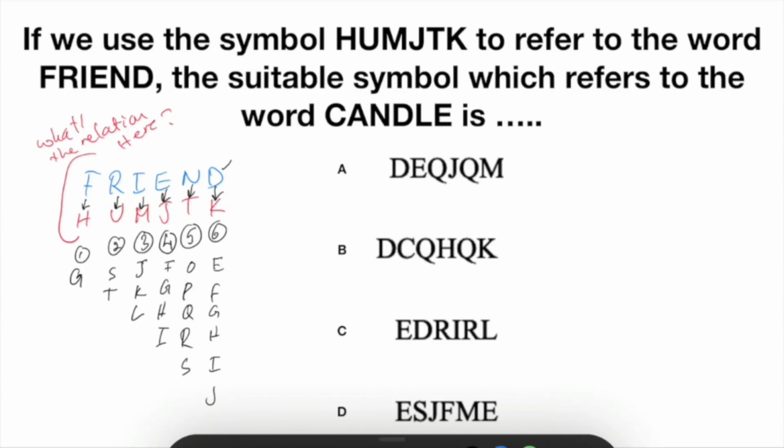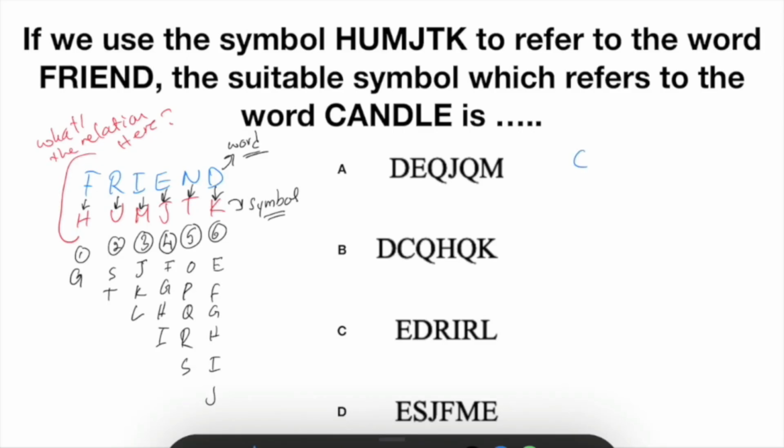Here is the word, here is the symbol. And now I know the relationship between the symbol and the word. In other words, I know how the symbol is created from the word based on what we can figuratively call a code.